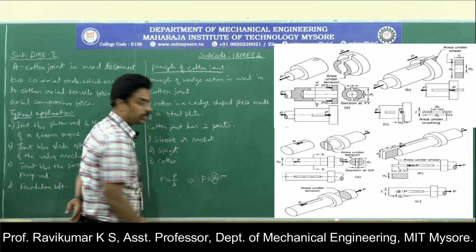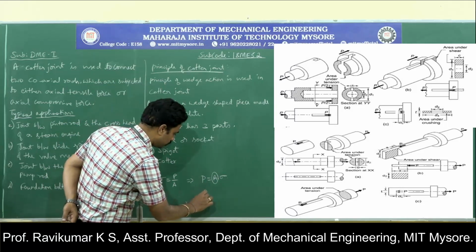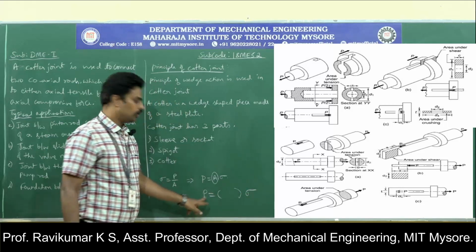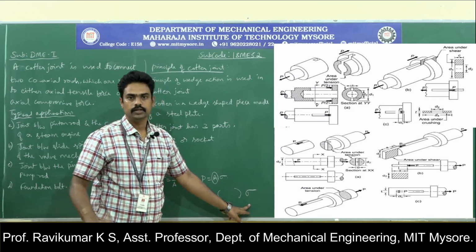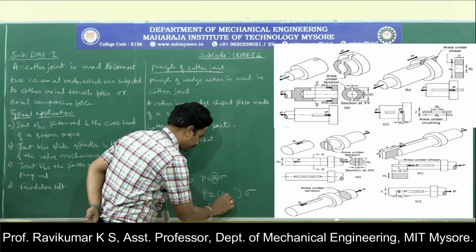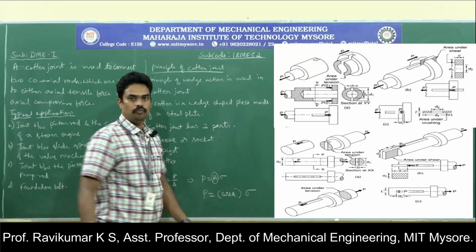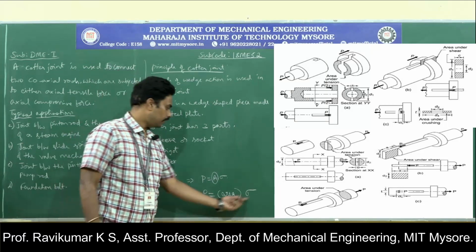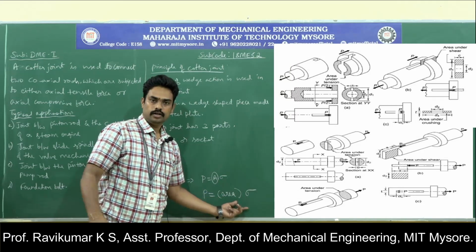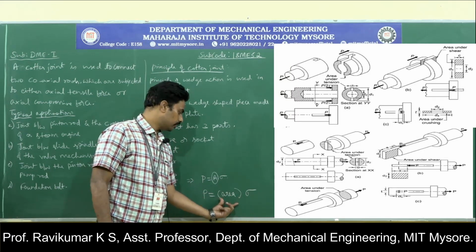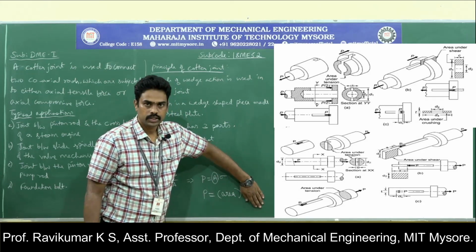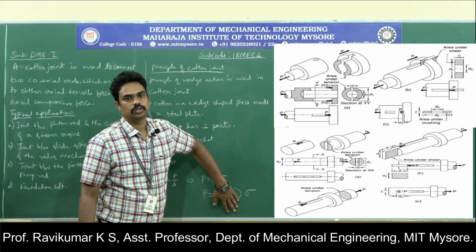In the data handbook you will find load is equal to some term into sigma. Here that term will be the area. Whatever you are going to write apart from the stress on the right hand side of that equation is the area.